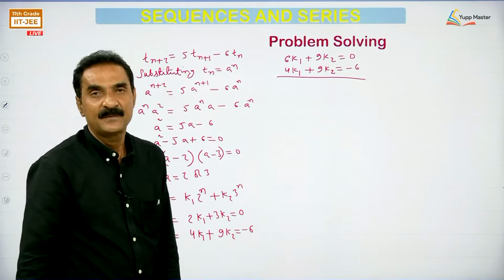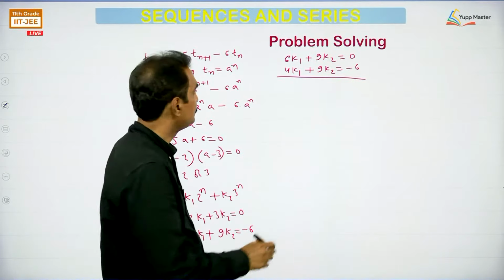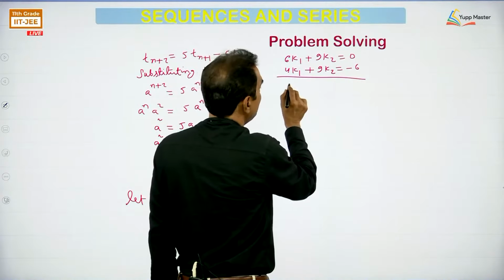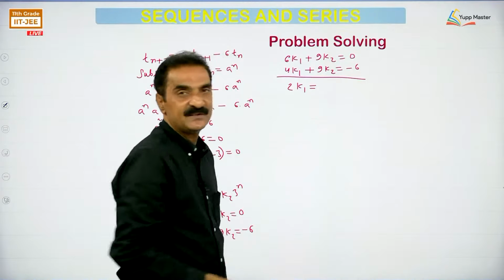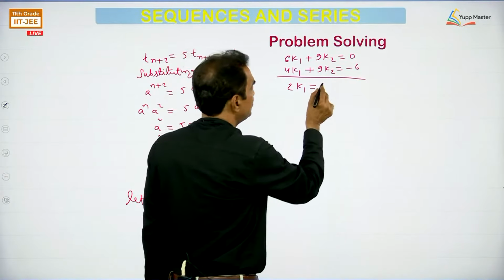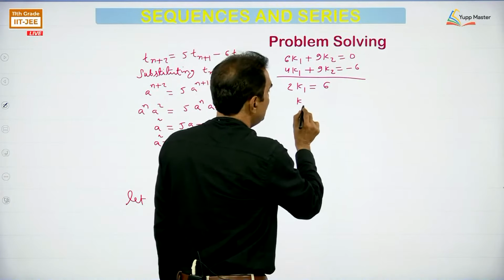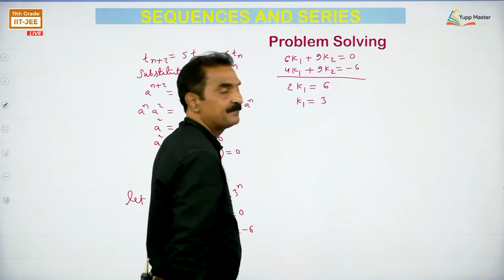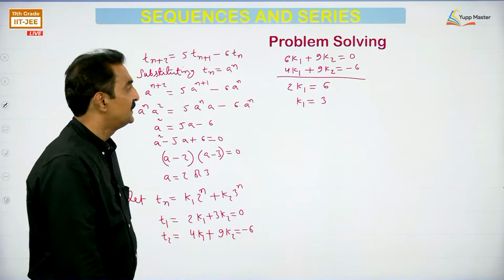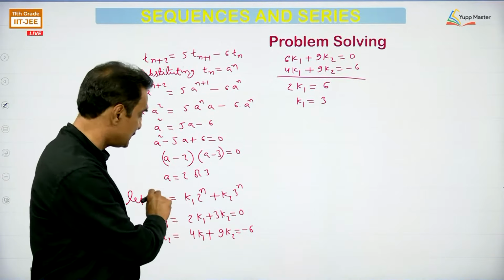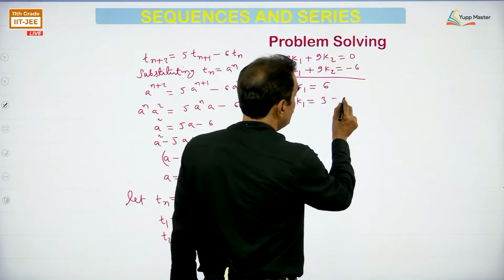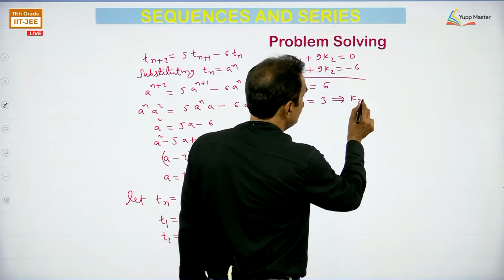Subtract. K2 will cancel. 6k1 minus 4k1 is 2k1 is equal to 0 minus of minus 6 is plus 6. Then k1 is equal to 3. Then substituting k1 in any one of the equations, you will get k2 is equal to minus 2.